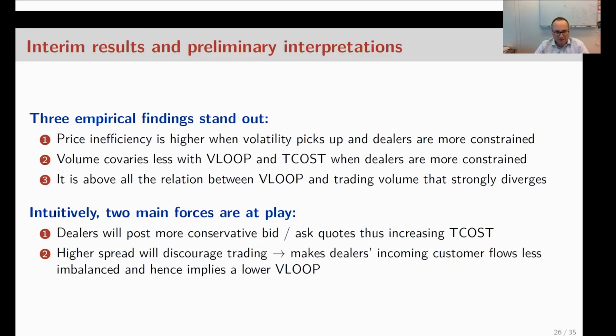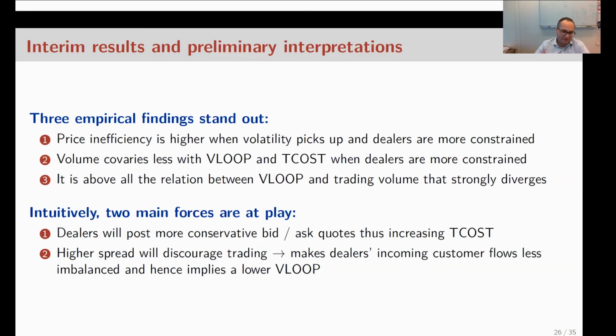And so the theory is basically there to give us some intuition as to what main forces are really at play here. Just at the outset, I would like to mention that what will be particularly important is that when they're constrained, the dealers will post more conservative bid and ask spreads, thereby increasing the transaction cost.